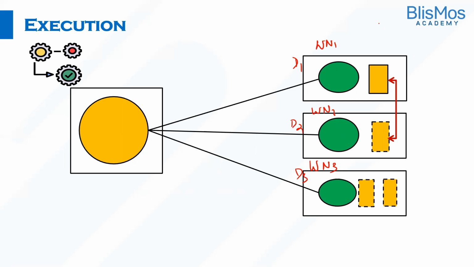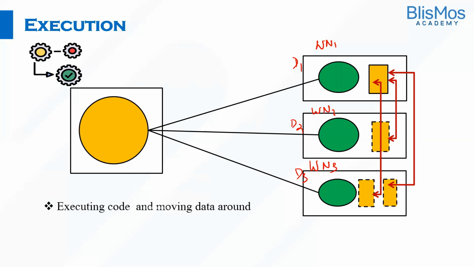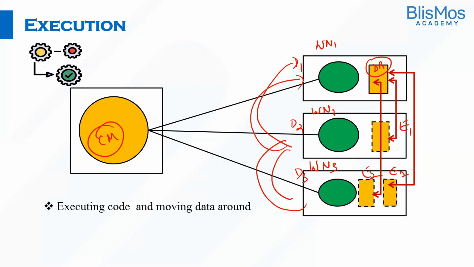Now that Spark has a fully functional cluster, it executes the code sent by the driver process. The code sent by the driver process is executed by all the executors. While doing so, the data will move from one place to another depending upon the type of code you have written.